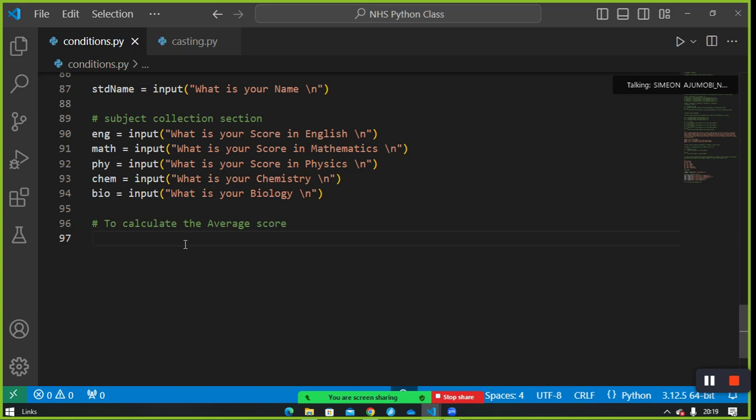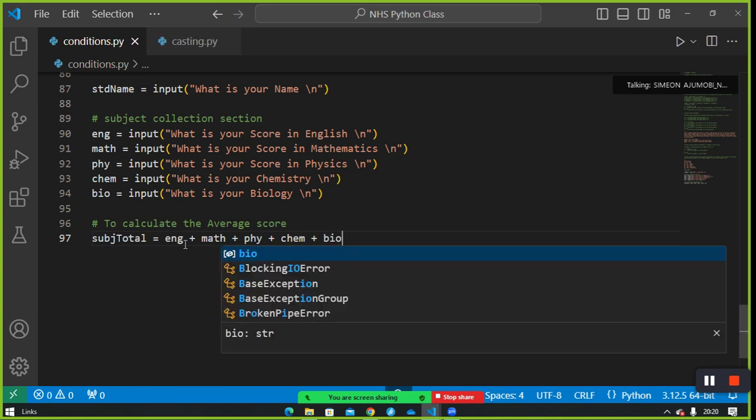Okay, let's do that. To calculate the average score, we have subject total. I have subject total, which is going to be equals to the addition of all the subjects, such as English plus maths plus physics plus chemistry plus biology.